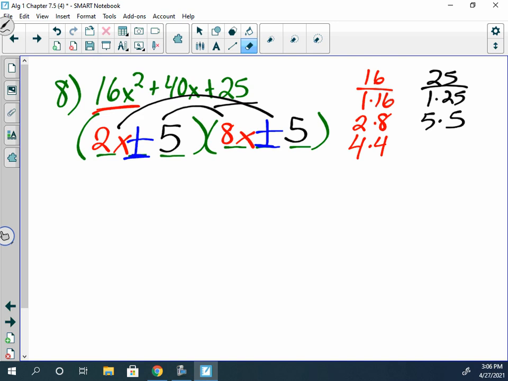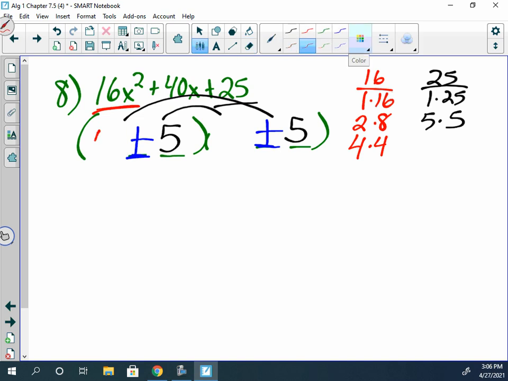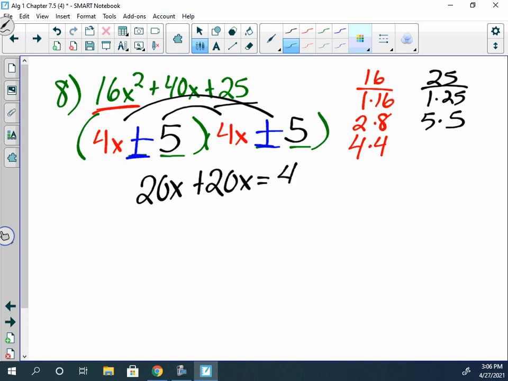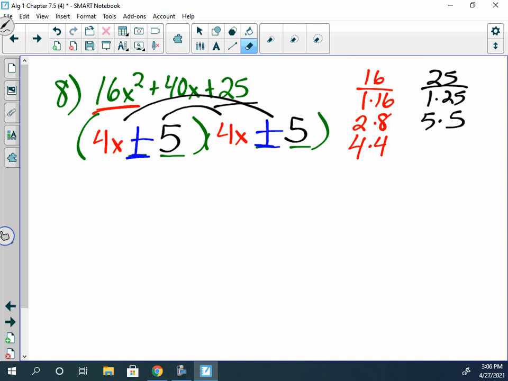Yeah, 4 and 4 because 4 times 5 plus 4 times 5 would be 20 plus 20, so that's 40. 4 times 5 is 20, we'd have 20x, 5 times 4 plus 20x. So this is the solution.